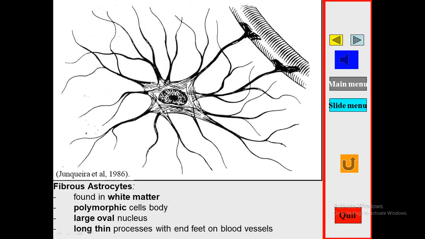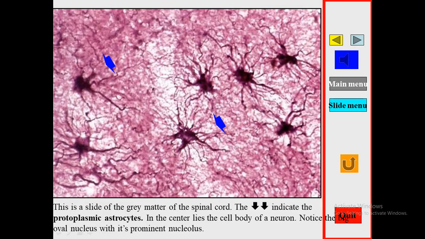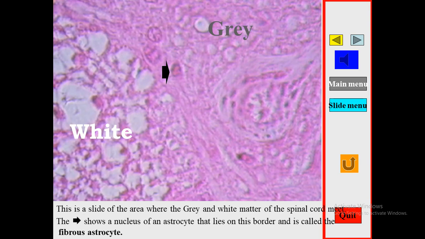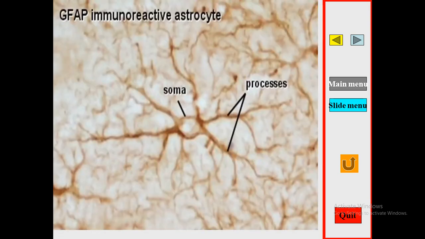On the other hand, fibrous astrocytes are only present within the white matter, with thin cellular processes, not so branching, and a polymorphic cell body. Also, they participate with the blood vessels. Again, they are only present within the white matter of the central nervous system. Those are the fibrous astrocytes, and this is an astrocyte with immunostain.